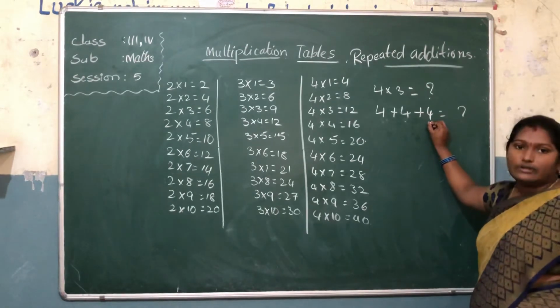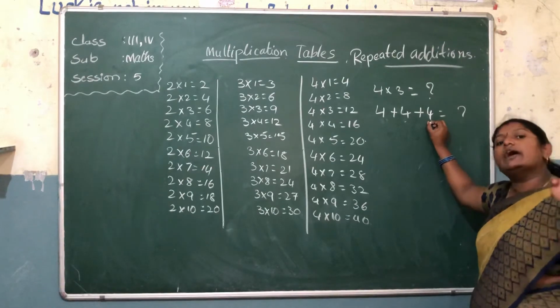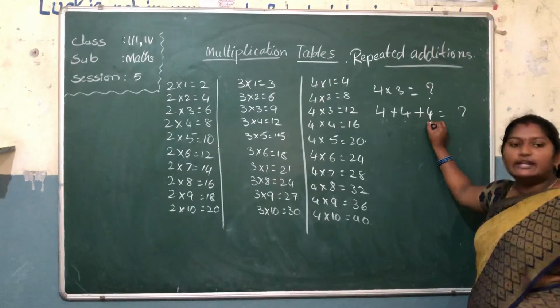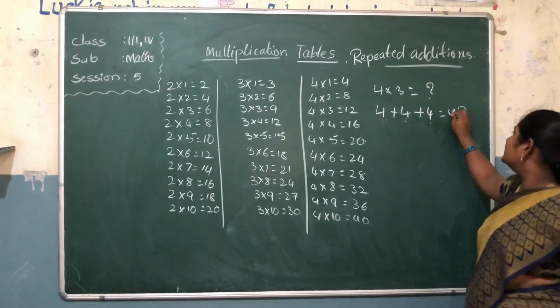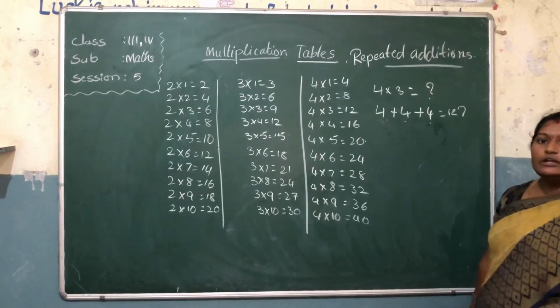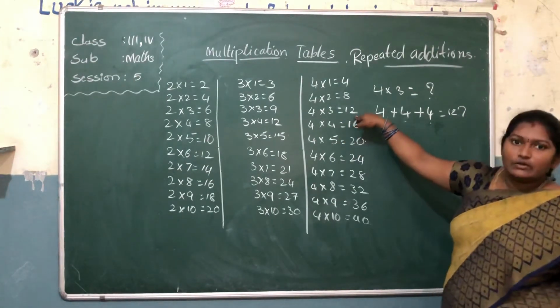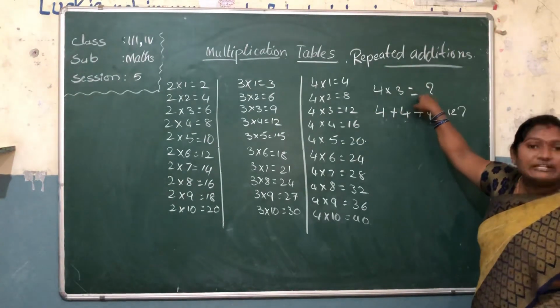And for the next 4, open your fingers. After 8 you start counting 4: 9, 10, 11, 12. So what is the answer here? 12. Okay. Got it, everyone? So 4 threes are 12. Do you understand? This is called repeated additions.